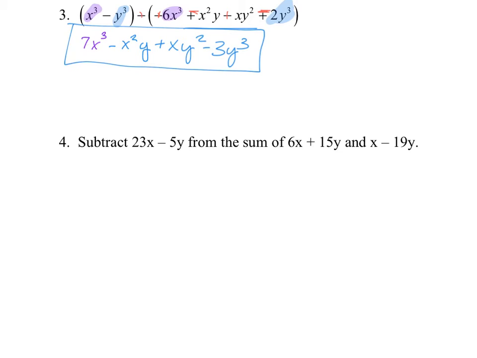Now you have to think about what these things are asking, especially when you are mixing up adding and subtracting, because order is really important. Adding, it doesn't matter, but as soon as you've got subtracting in there, the order is incredibly important, so I want you to watch that. Subtract this from the sum of these two.